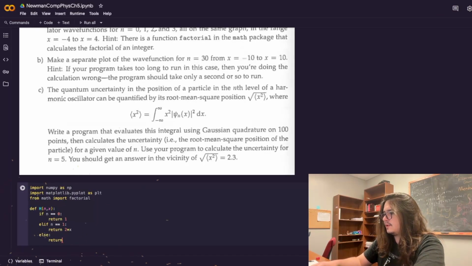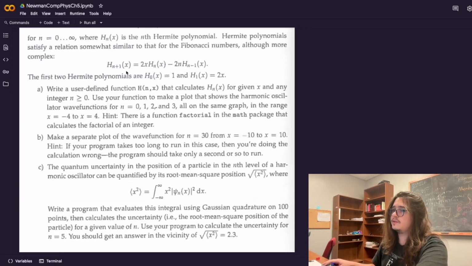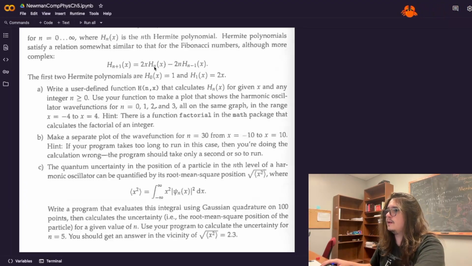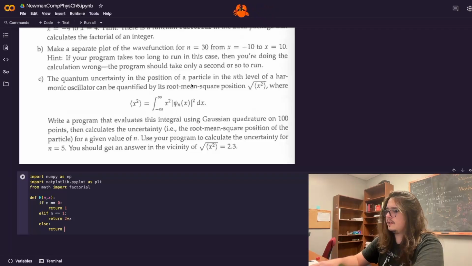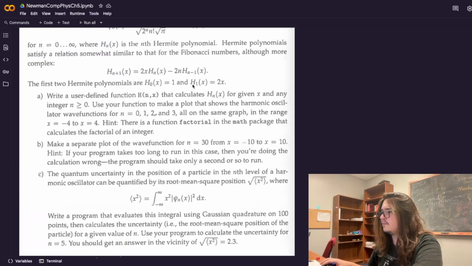But for this, we're going to return this equation here, but I'm going to massage it so that we have h sub n of x on the left-hand side, and so this n will have to be n minus 1, and this n minus 1 will become n minus 2, right? So we got 2 times x times h of n minus 1 comma x, minus 2 times n minus 1 times h of n minus 2 comma x, right?